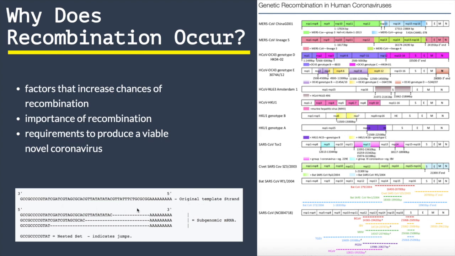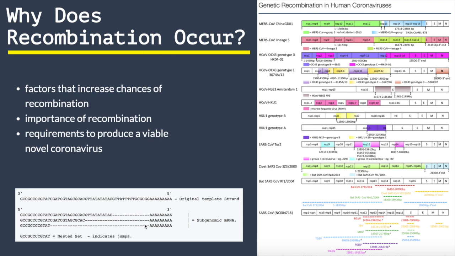And this point that they jump to can be different in all of the templates that they make. And so what happens is you'll have a lot of templates with gaps in between, but these templates will have sections of it that are similar to each other. And so the similar regions can allow for genetic recombination to occur.